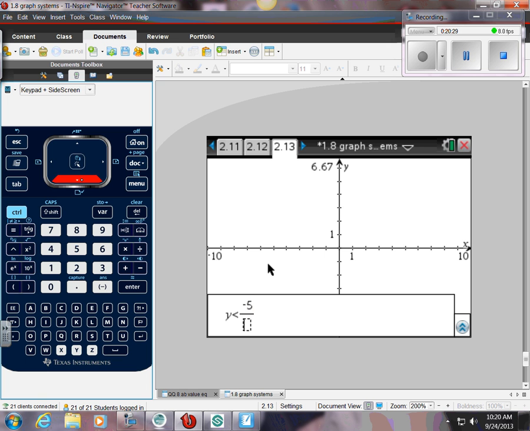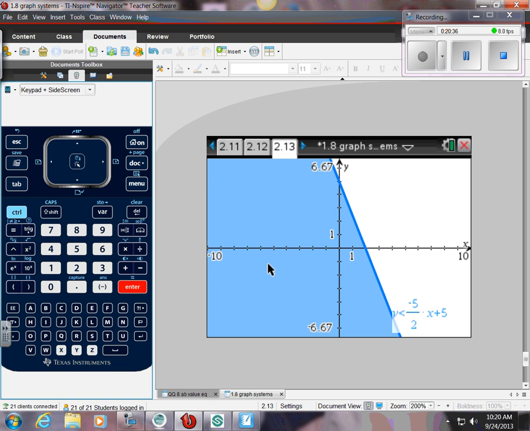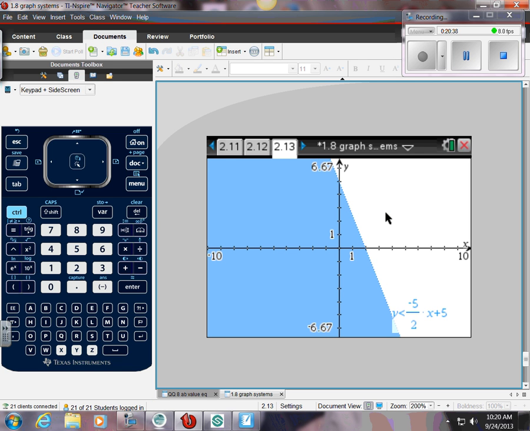So negative 5 halves x plus 5. There it is. Now, when I click off of this, I notice that my line is indeed dotted, and it's shaded to the left and down. Are we in agreement here?